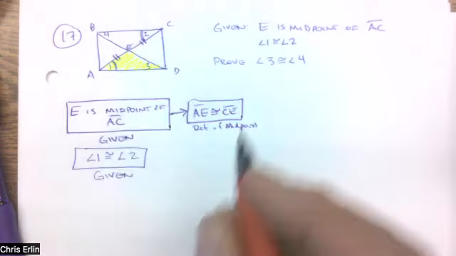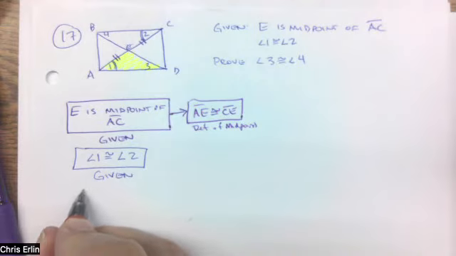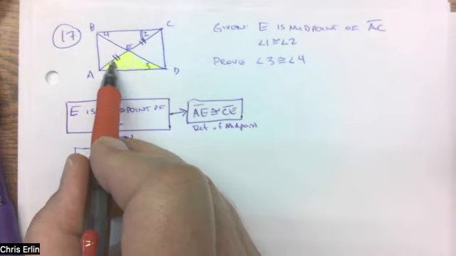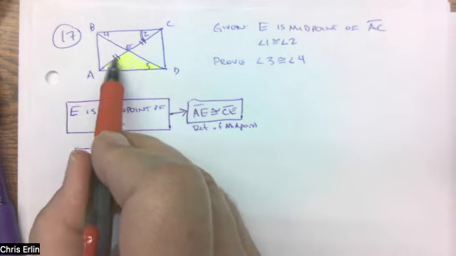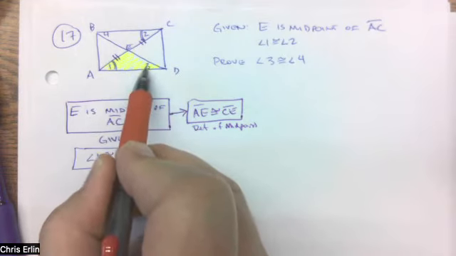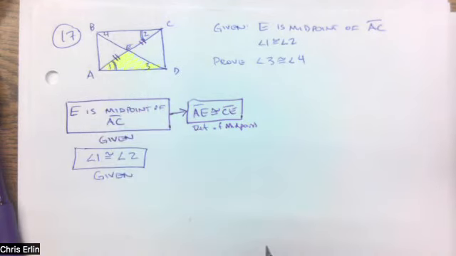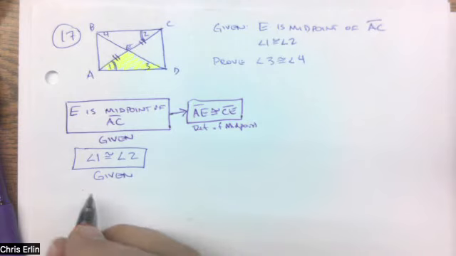Oh, yeah. Vertical angles. Well, we don't, but I know that I've already got 1, I've already got this side, and I'm looking for 3. So if I tie it together to the other triangle that's got 4 in it, that's going to give me that CPCTC relationship I want.